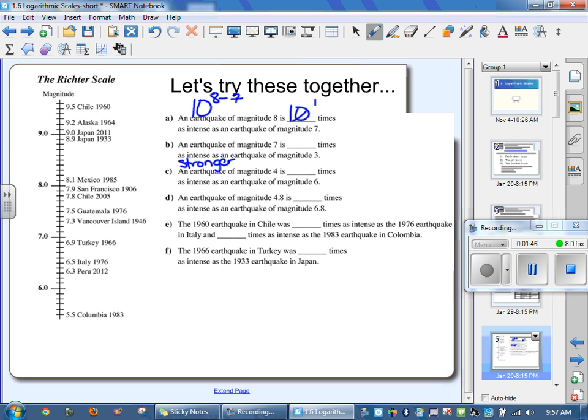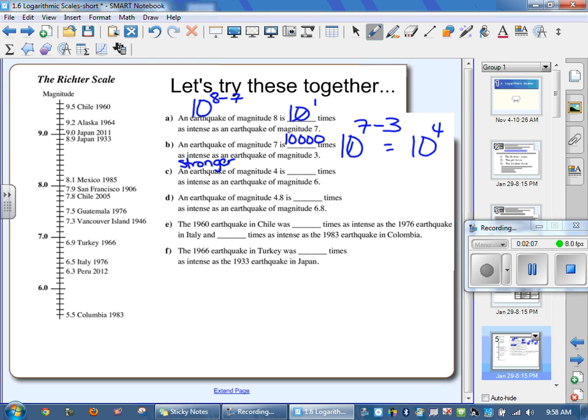So on that one, all we're doing is 10, 7 subtract 3. What do we get? 10 exponent 4, which gives us 1 and 4 zeros. So 10,000 times as intense. We're just solving 10 exponent 4.